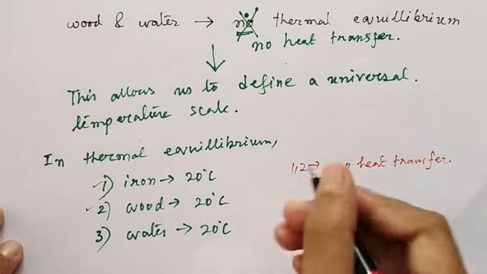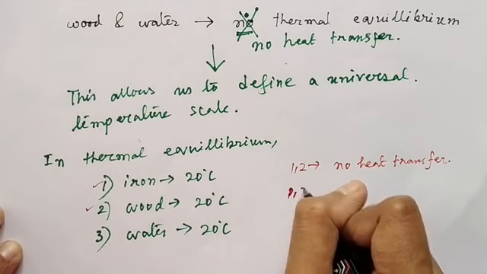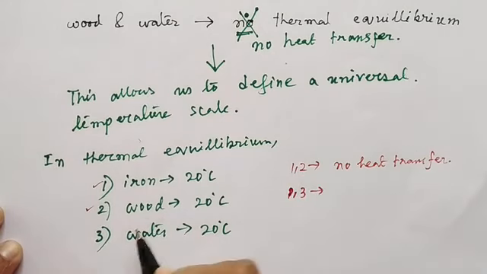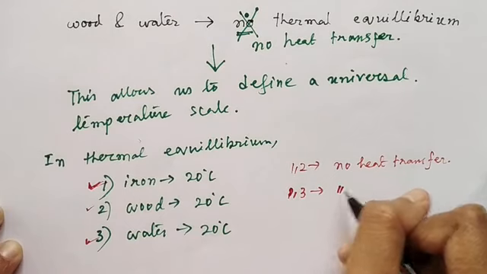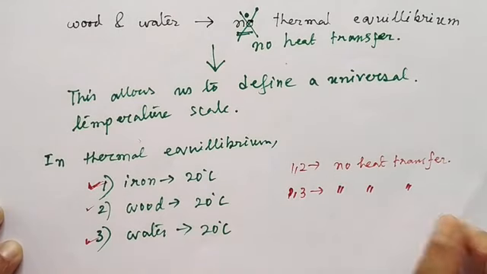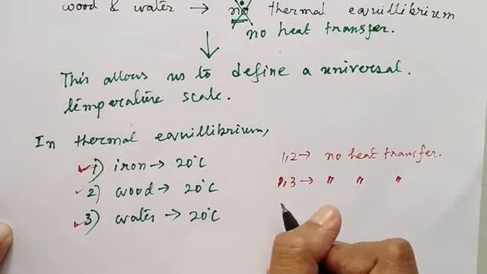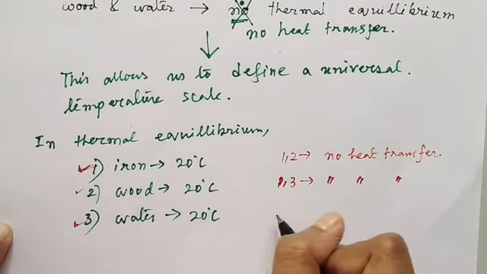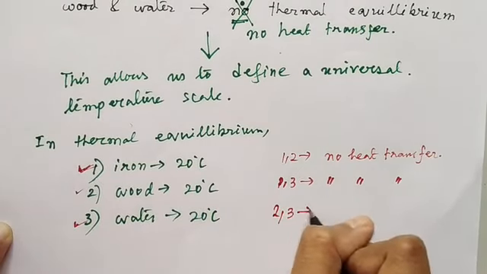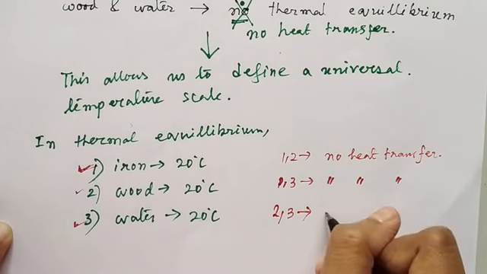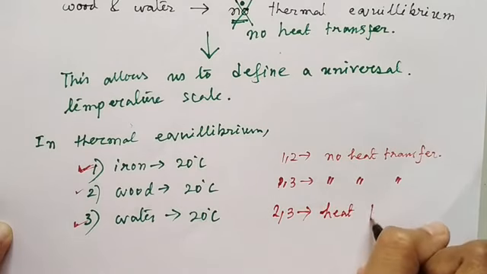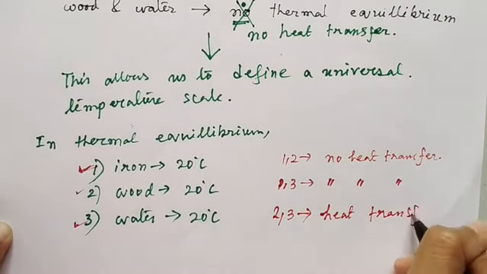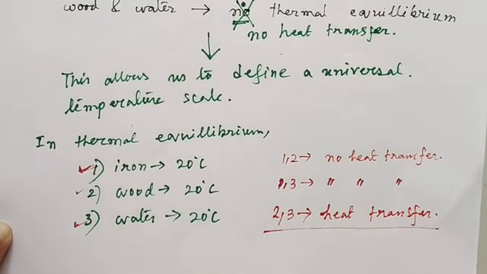Then you put the first and the third, that is iron and water, in thermal contact, and you see that there is no heat transfer. But when you put wood and water, the second and third, in thermal contact, you observe heat transfer. Then what will happen?